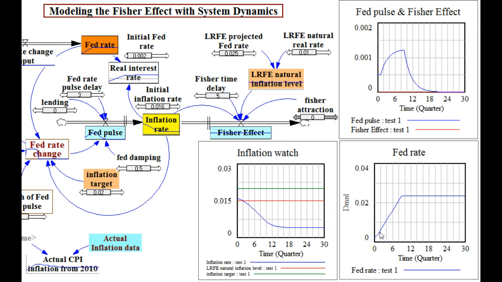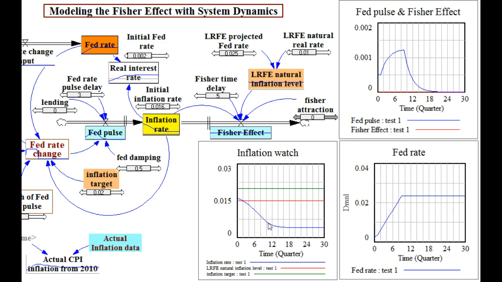Every quarter the Fed raises it by 0.25%. So over the course of a few years, the Fed rate will go up to 2.5%. That's the projected Fed rate here. The Fed rate climbs up to 2.5% right here. As the Fed rate climbs up, you'll see that the inflation will drop. That's the short-run effect on inflation.